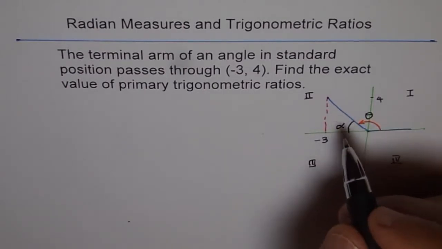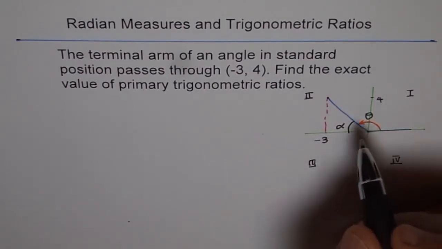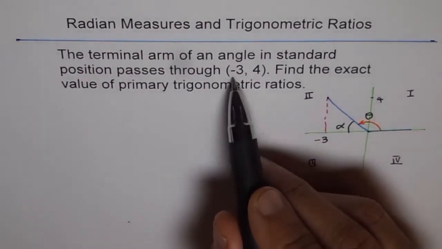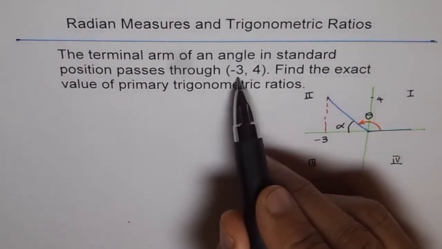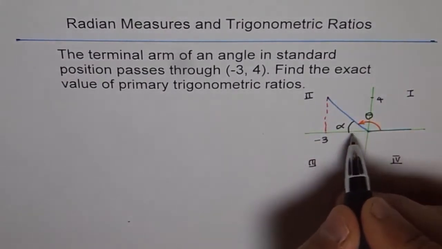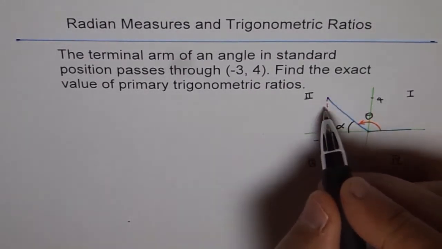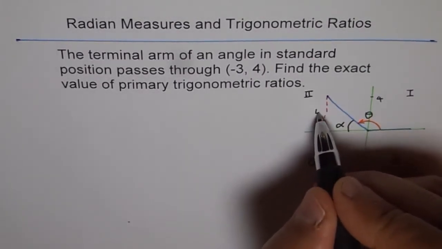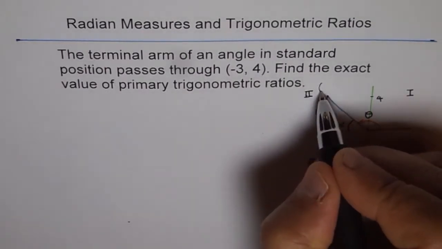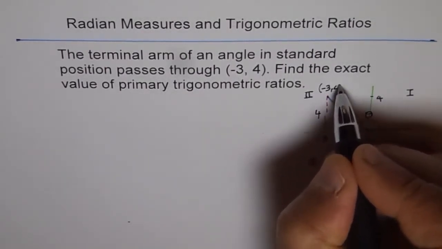Now we are already given the two sides when we know the coordinates, which are -3 and 4. -3 is the x value, so we know this side, and 4 is the y value, so we know this side. This is 4 for a point which is (-3, 4).